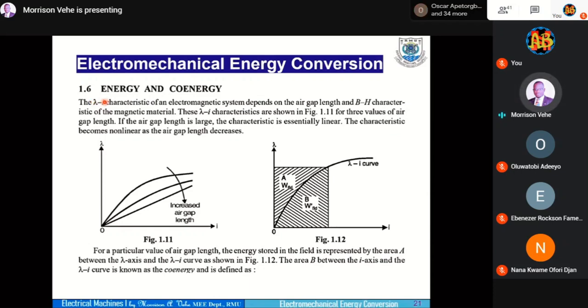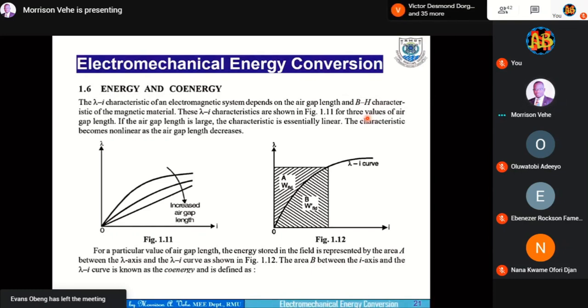The lambda is representing the flux and then the current. So lambda and the current, these are the lengths, and then the BH curve. The BH has a flux density and then the field intensity.